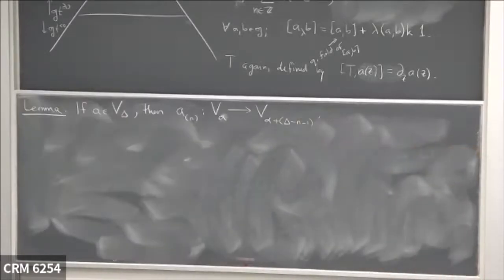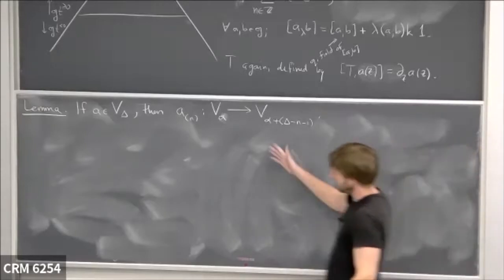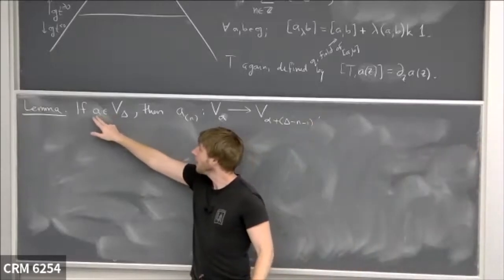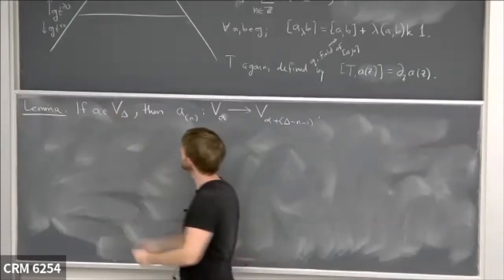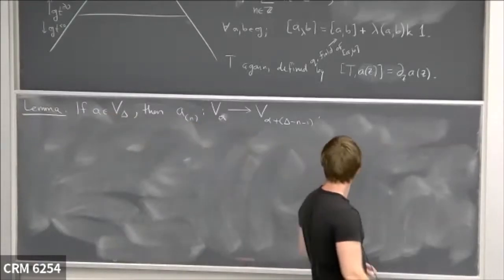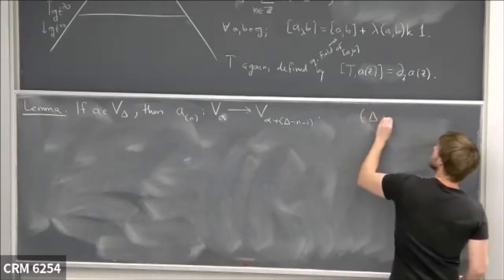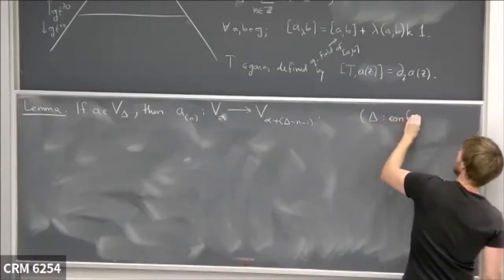Okay, then it's a lemma that if you have a conformal vertex algebra and A is some eigenvector of L_0 with eigenvalue delta, this number delta is often referred to as conformal weight.